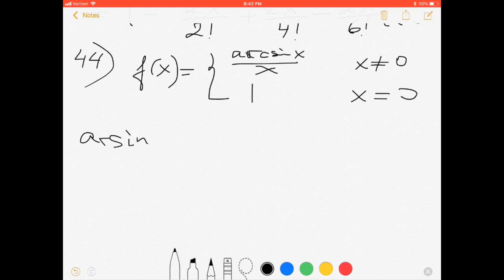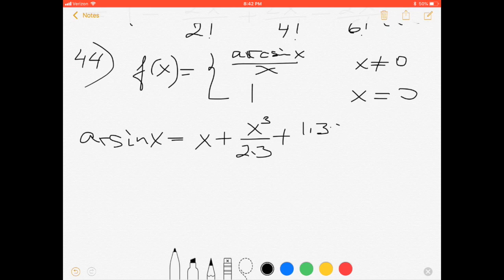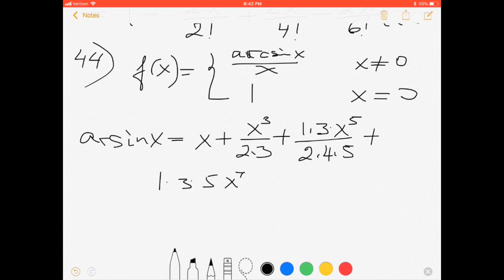Arcsine x equals x plus x cubed over 2 times 3 plus 1 times 3 times x to the 5th degree over 2, 4, 5 plus 1 times 3 times 5 x to the 7th degree over 2, 4, 6, 7.